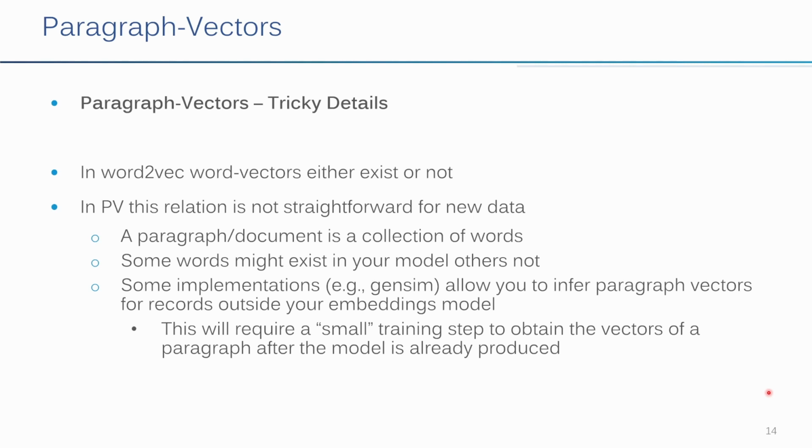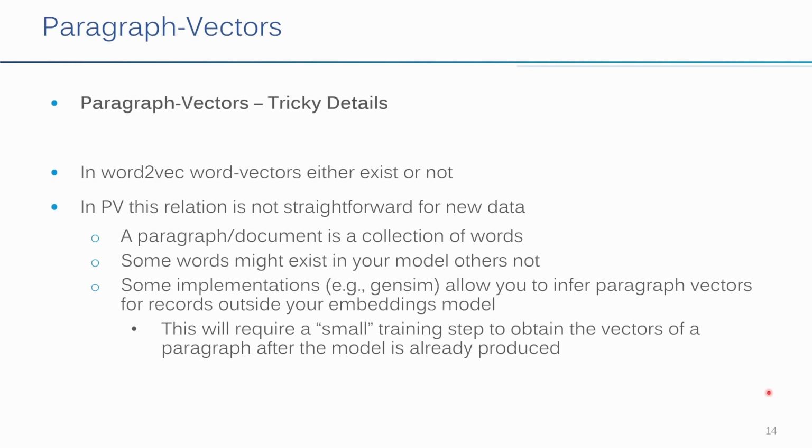However, when we are trying to infer a vector representation from a given document that does not necessarily belong to our training corpus, if you just compare the document by its ID, this will not reflect the test and training set. But as our documents are composed of words, some of those words might appear or not in our training set. And it would be nice to have a way to infer the document vector, even though not all the words exist in our training corpus. Otherwise, to scale the solution would be quite problematic.